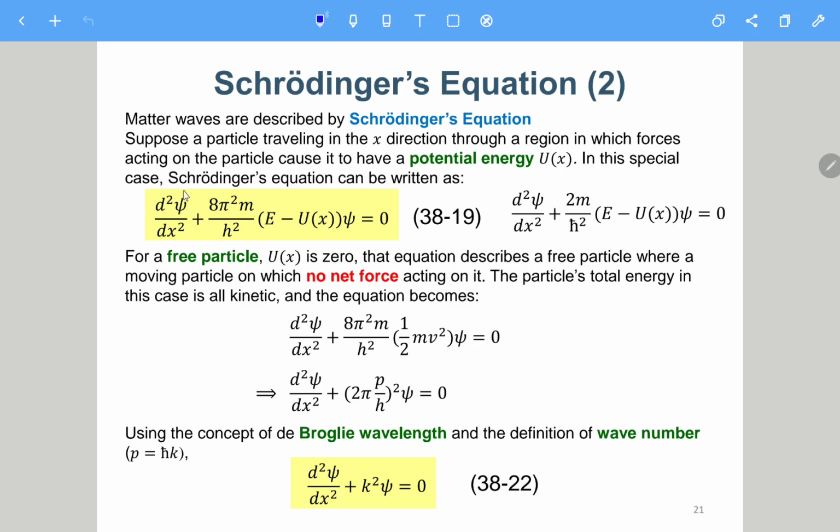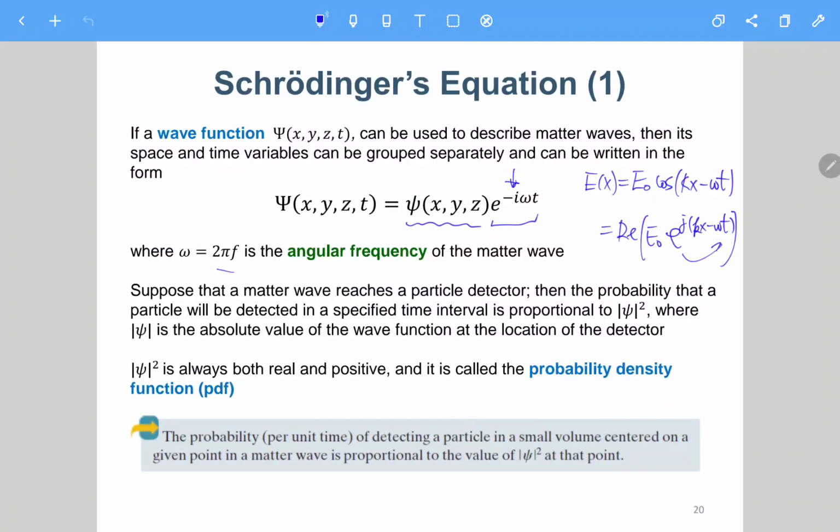Okay, so this phi is of course the position part of the wave function. In this course we will always assume the potential field is a constant, so that we can always isolate this term out.